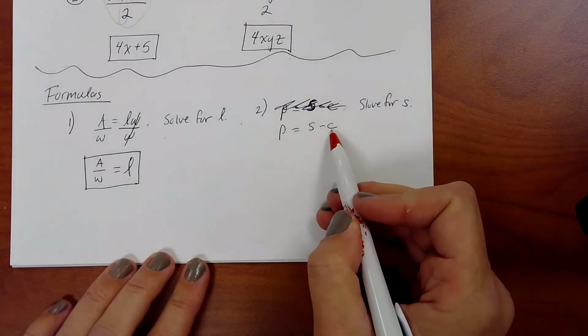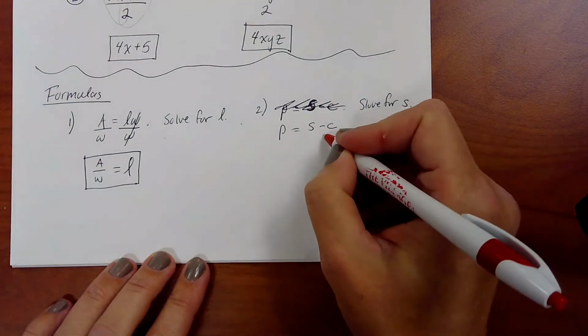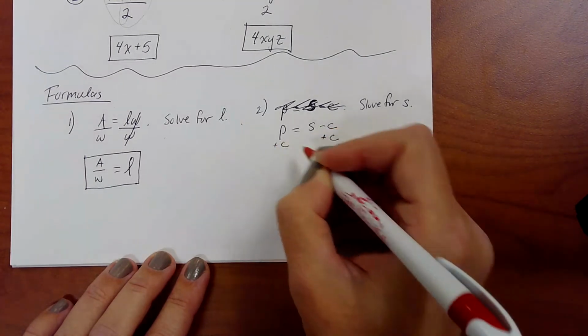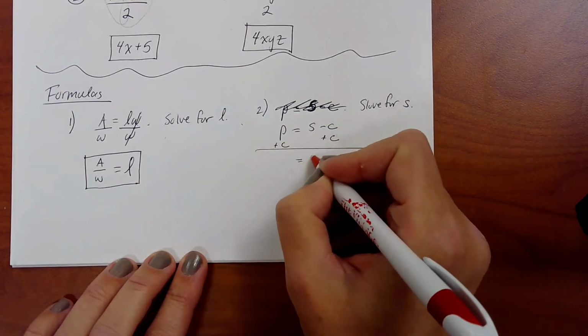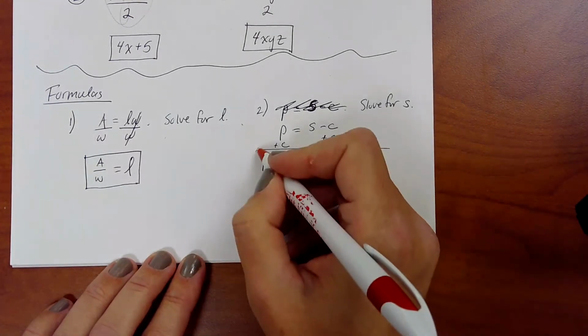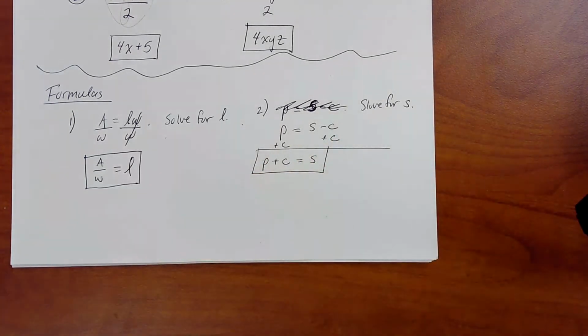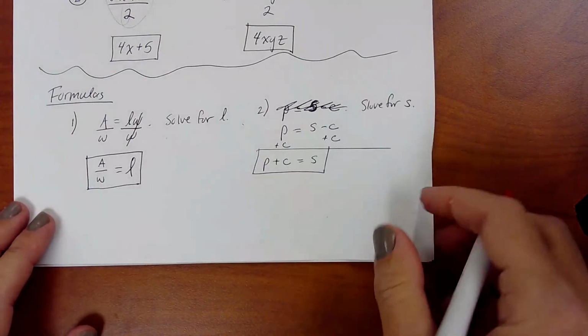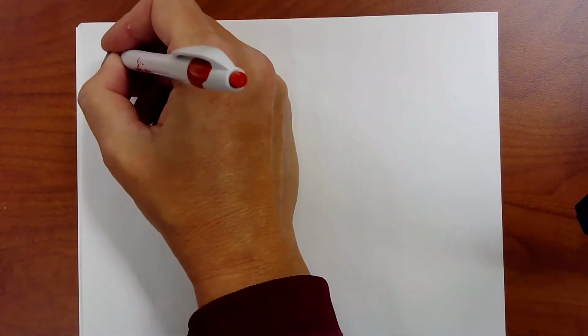Well, it has minus C next to it. So to do the opposite, we add C, add C. So I guess S is equal to P plus C, and you would be done. So you're just getting the one thing they ask for by itself. That's it. All right, let's just practice a couple more here.